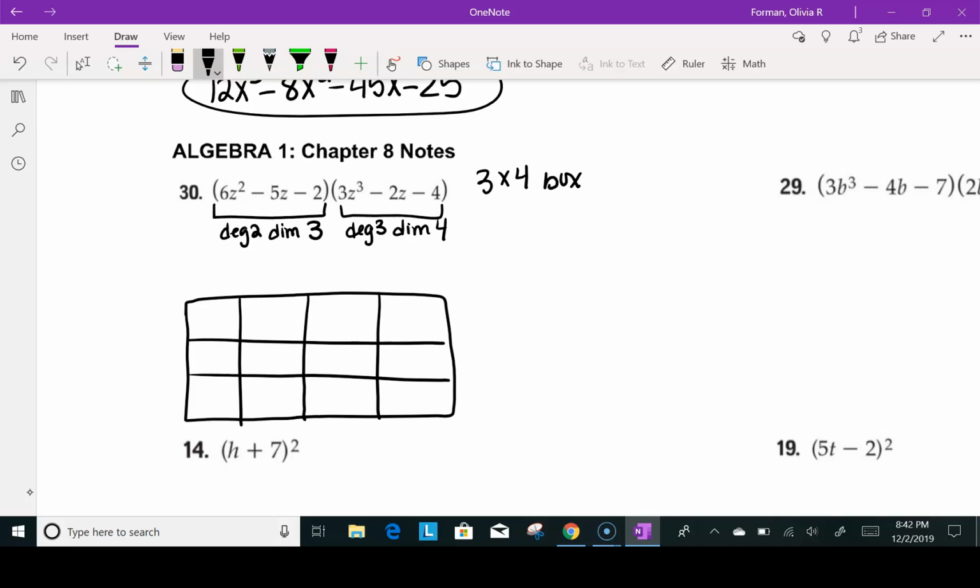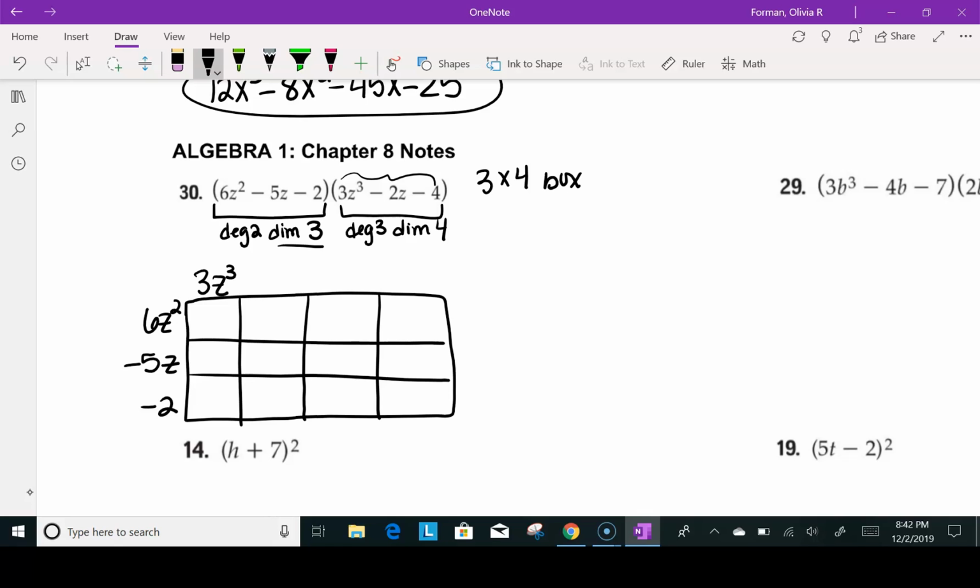So the one that goes on the side with the 3 rows has to be the one that had the dimension of 3. So that would be the 6z squared, negative 5z, and the negative 2. And then the one that had degree 3 goes along the top. Now, you will notice there are only 3 terms right here, but we have 4 spaces. What I do is I put my highest degree here.